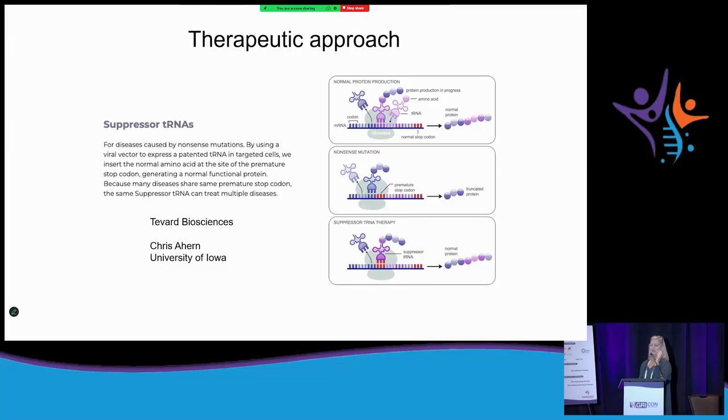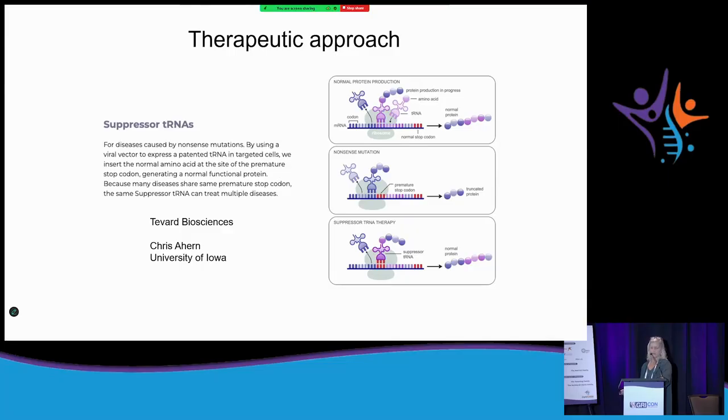Now, once again, I'm going to circle back. Why are we interested in these truncations? Why are we interested in these particular ones that are CAG to a TAG? We're working quite closely with Chris Ahern, who's at University of Iowa. He's really been spearheading efforts into trying to develop tRNA therapies that can basically replace the nonsense mutation with arginine and allow read-through.